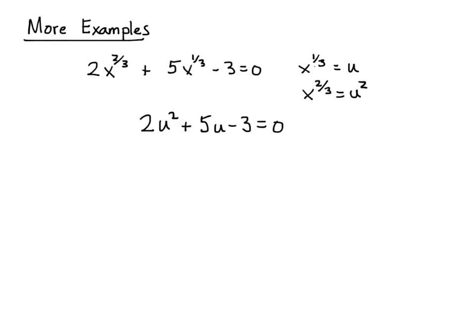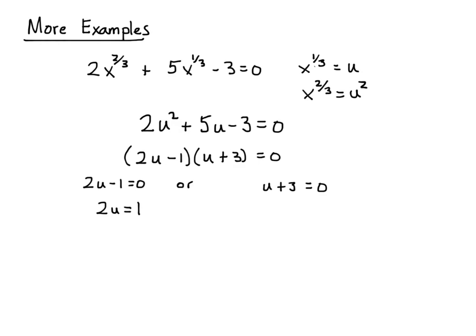This quadratic equation factors as well, and then we solve each side separately because one of them has to be 0 for it to be true. In this case, I solve for u, but then I make the substitution back: x to the 1/3 equals 1/2, or x equals 1/8.